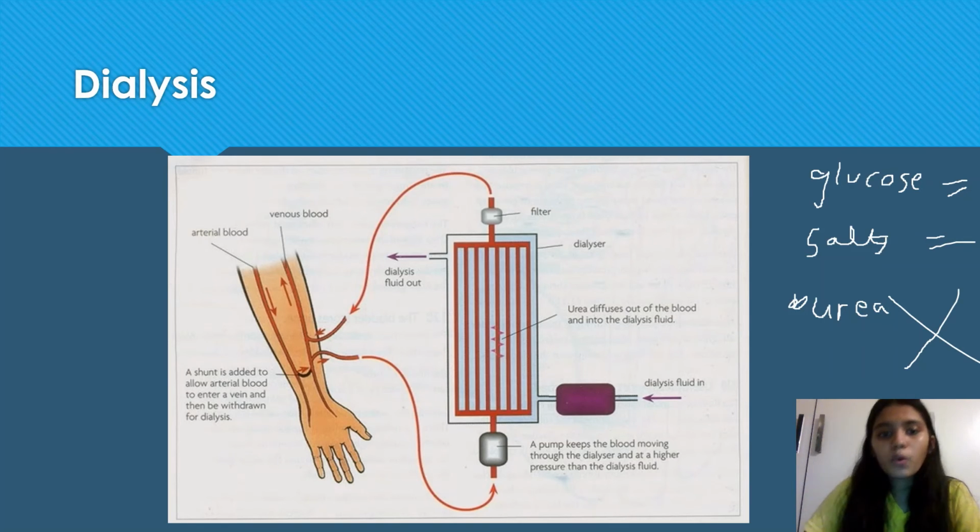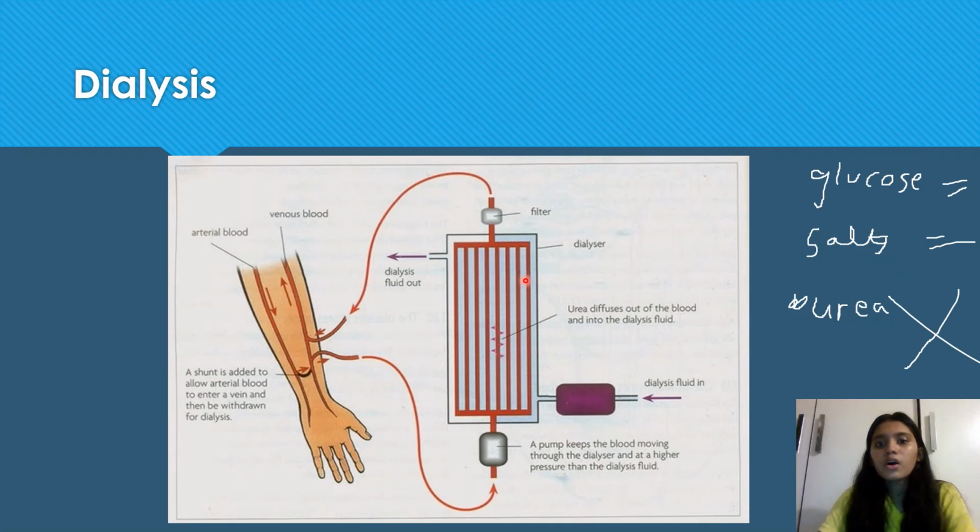So how does it work? Blood is drawn out from your artery through a tube and pumped into your dialysis tubing. There is a partially permeable membrane in the dialysis machine, and dialysis fluid moves in on the other side of this membrane.